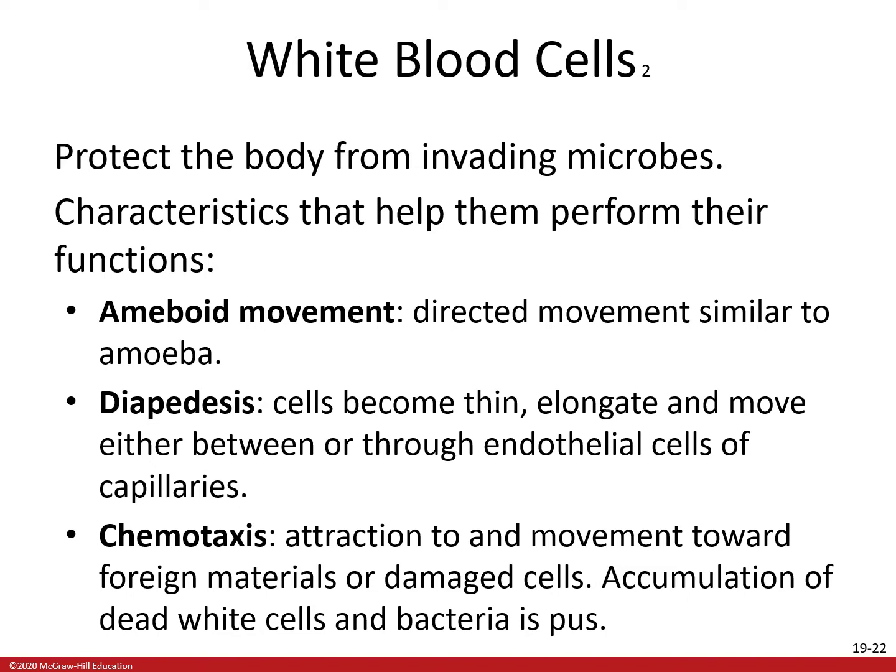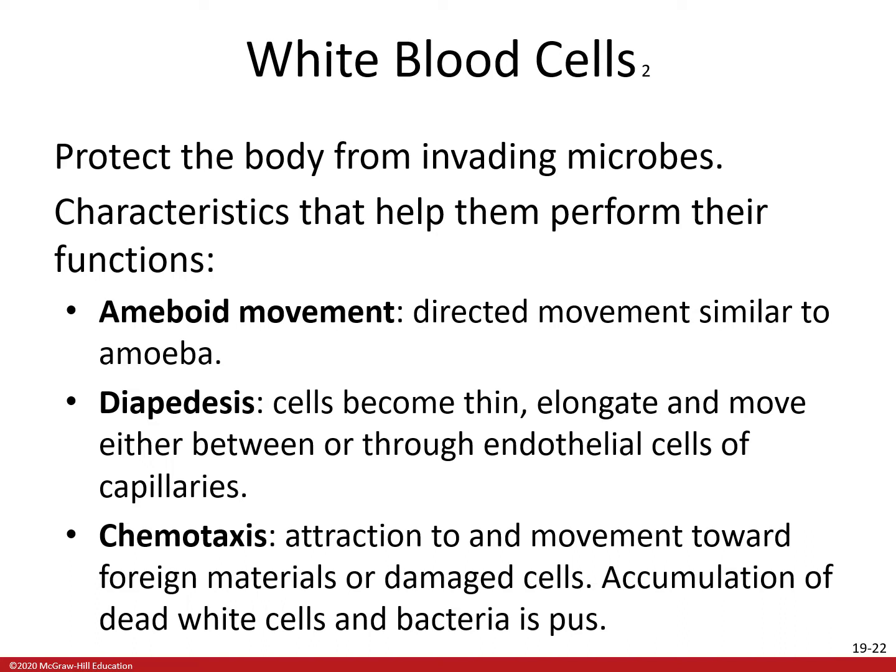The last one is chemotaxis, and chemotaxis is going to occur after the last one, so after diapedesis. It's going to be more where the white blood cells are attracted to an infection within the tissues. So at that site of infection, you're going to have an accumulation of these white blood cells that are going to die, as well as potentially dead cells or parts of an infection that the white blood cells have taken care of.